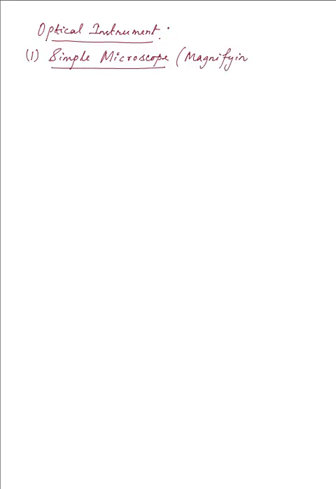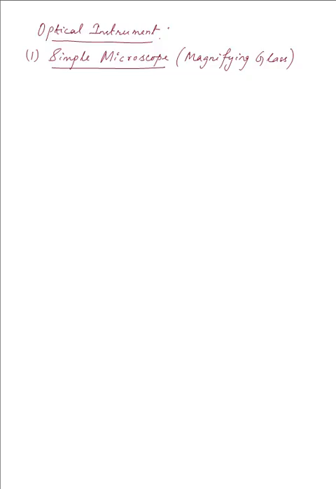We have already discussed convex lenses, but in this case, the convex lens will have a particular use, and that we are going to observe with our derivation or with the formula that we are going to end up with.